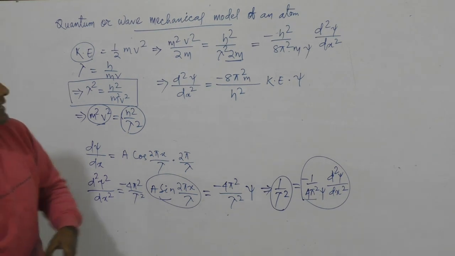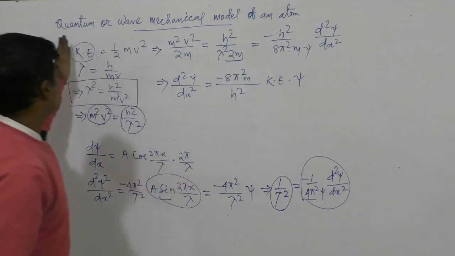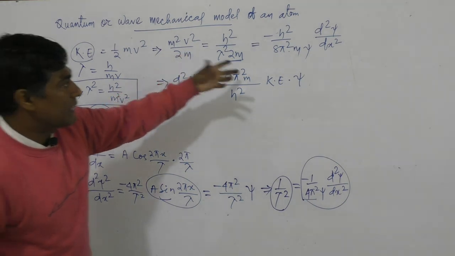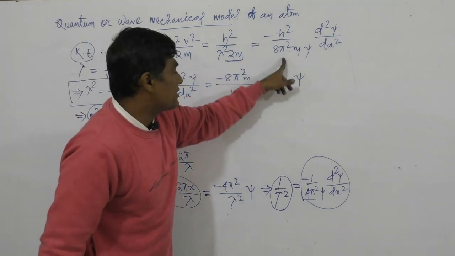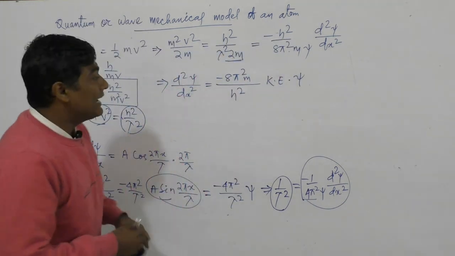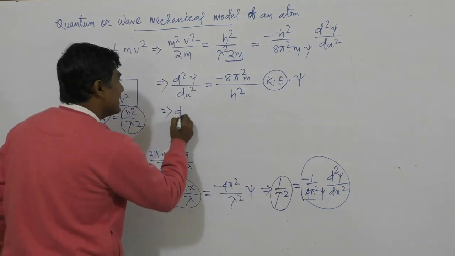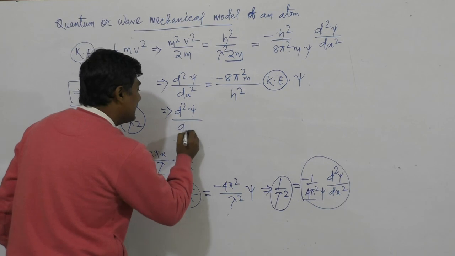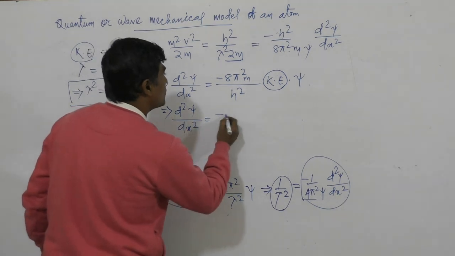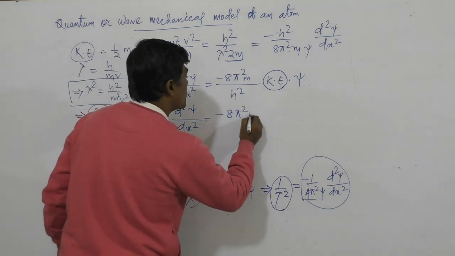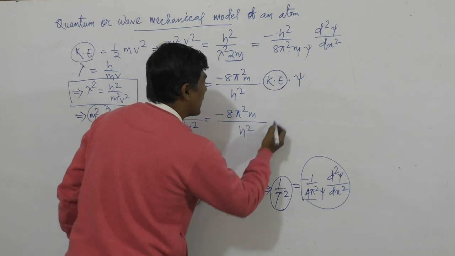So this implies d square psi by dx square is equal to minus 8 pi square m by h square.